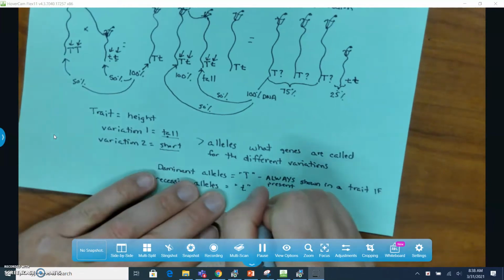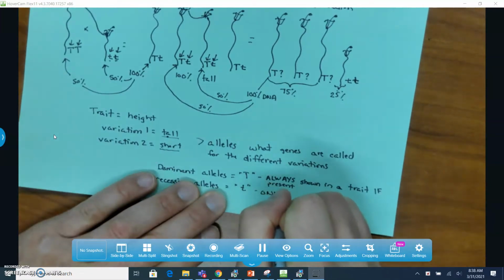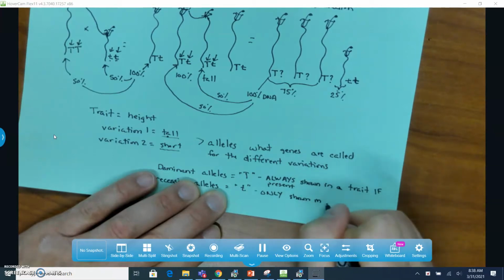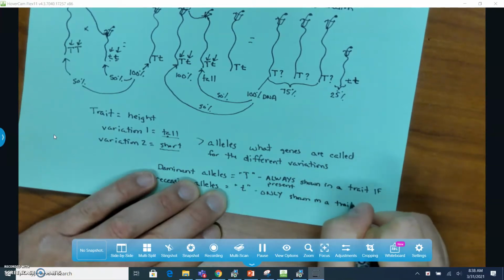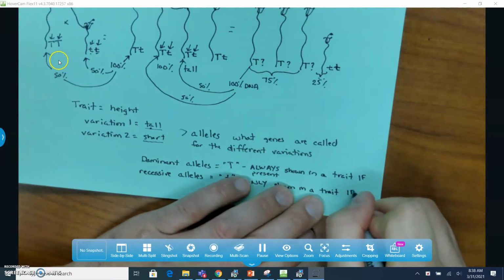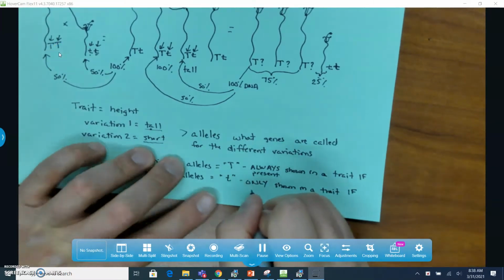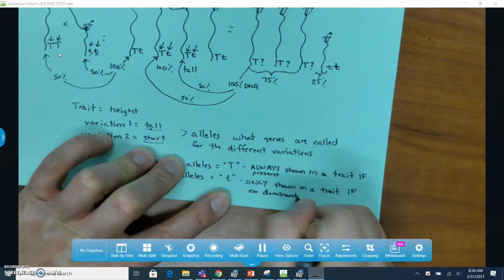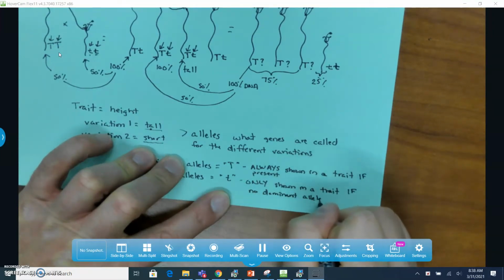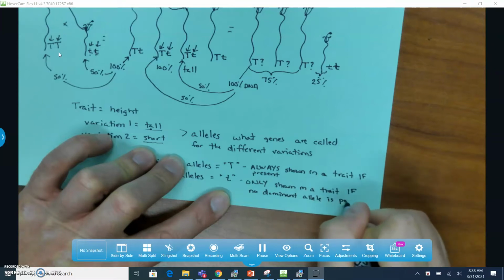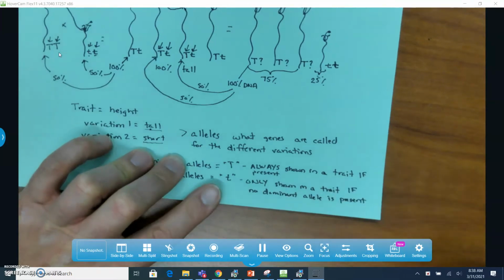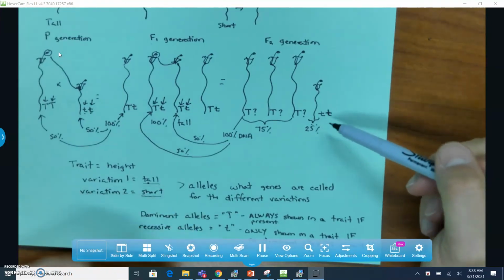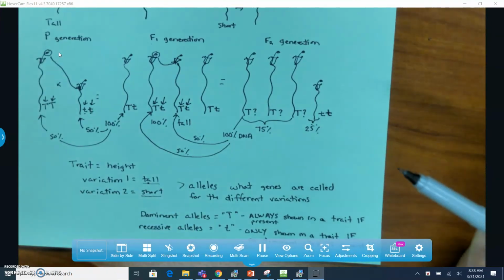Recessive alleles are only shown in a trait if no dominant allele is present. And that explains why this plant was short. It did not have a dominant allele, so it is short.